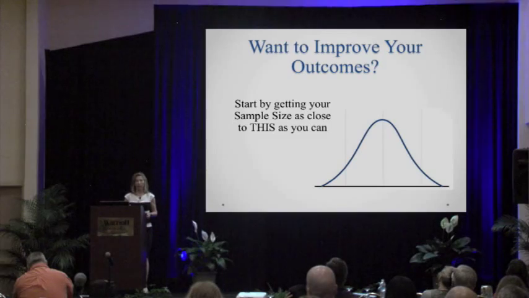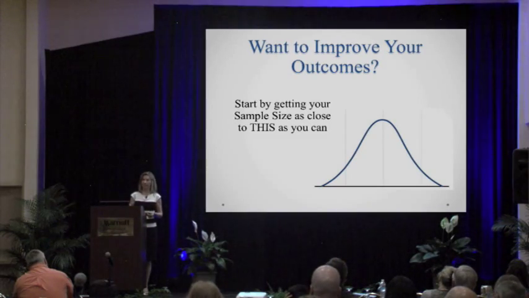So if you want to improve your outcomes, start by getting your sample size as close to this as you can. If you remember from Statistics 101, the good old bell-shaped curve, and inherent in the bell-shaped curve is normal variability. The higher your sample size, or the stronger your participation and completion rates, the closer you can get to this. And that way, when you have those outliers, you can afford it, and it's normal variability of your population.